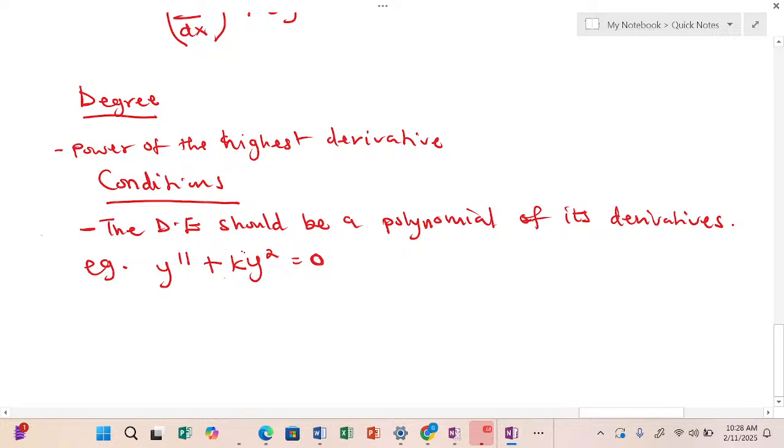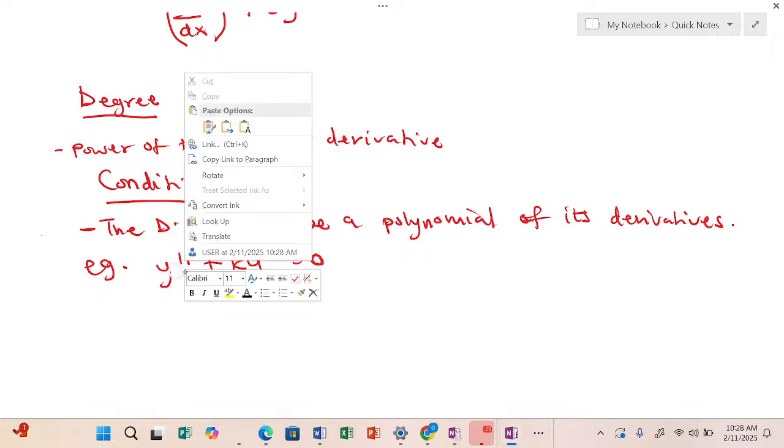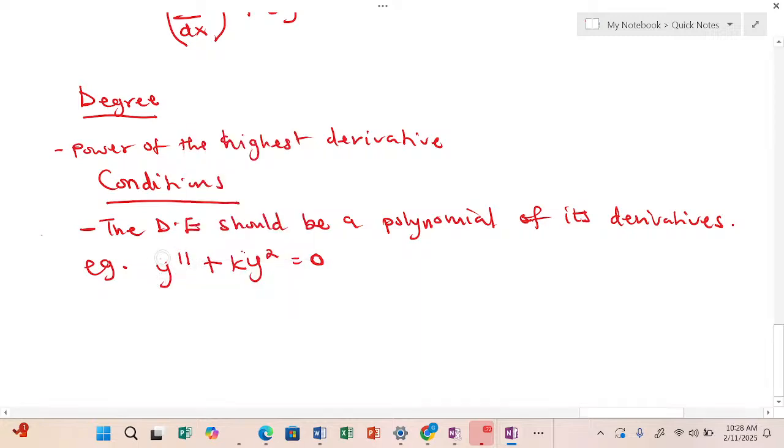Now the degree is simply the power of the highest derivative. In this particular differential equation, there's only one derivative, that is the y prime prime, and that happens to be the highest derivative. So the degree should be the power of the y prime prime.